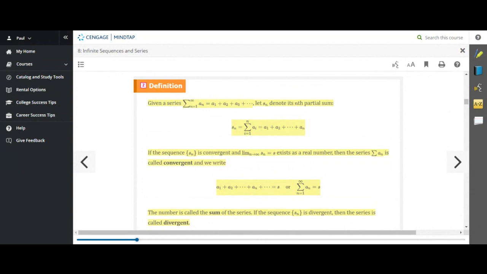We say the sequence of partial sums is convergent, and the limit of the partial sums as n goes to infinity equals the sum S. If that's the case, then the series converges, and the sum of that series equals S. So just like a sequence, an infinite series can converge or it can diverge. For the series to converge, the infinite series has to equal a finite sum.